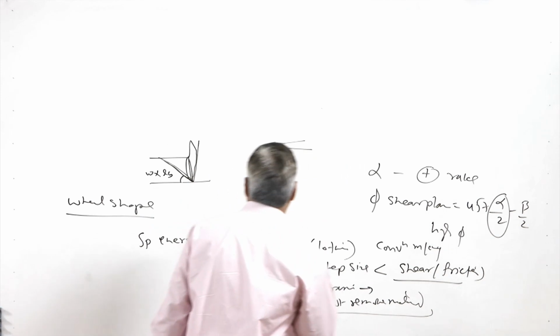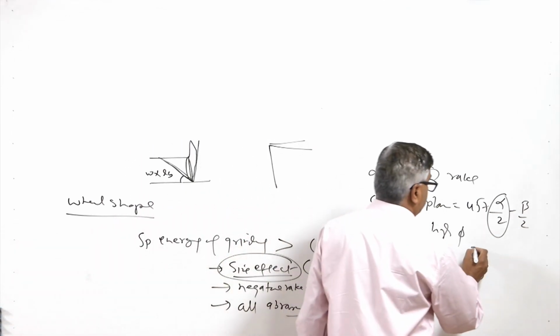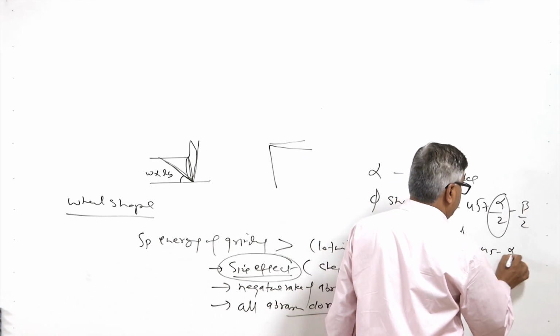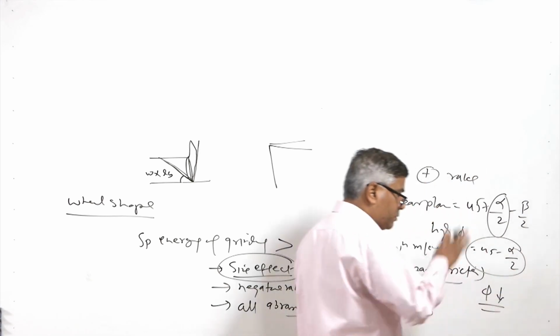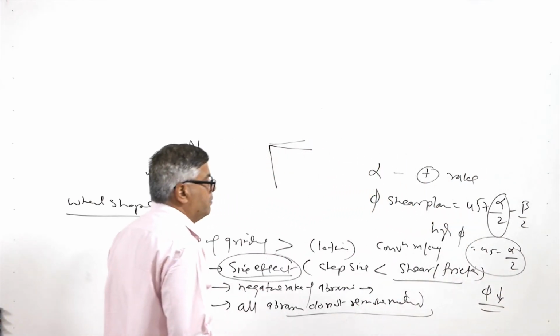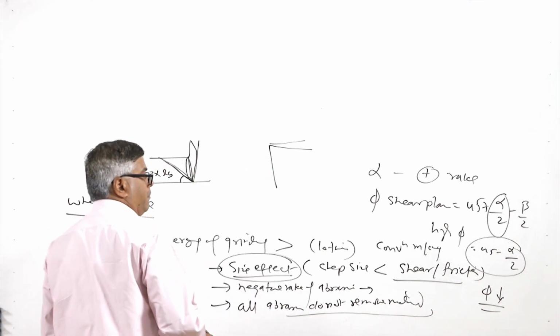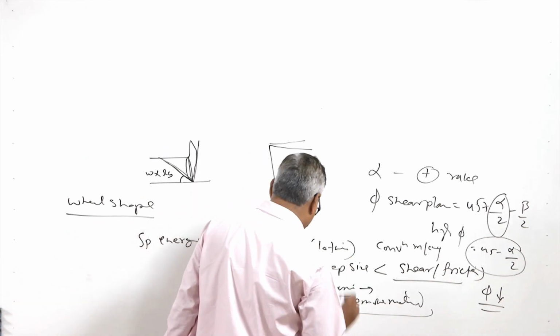So, when negative rake is used, it means 45 minus alpha, alpha is negative, so the phi value will be reducing. This will be requiring more work to be done for the shearing, and that is why this will be leading to the increased power requirement for grinding purpose.